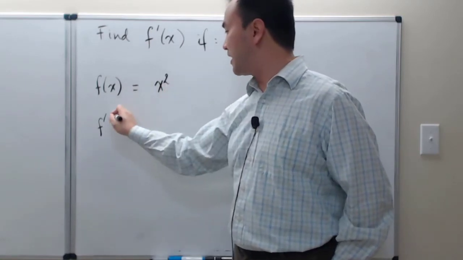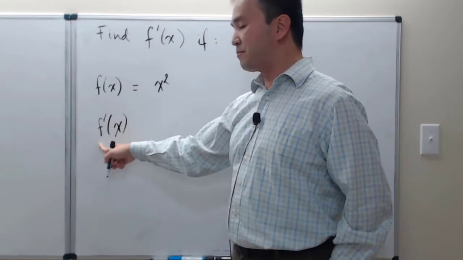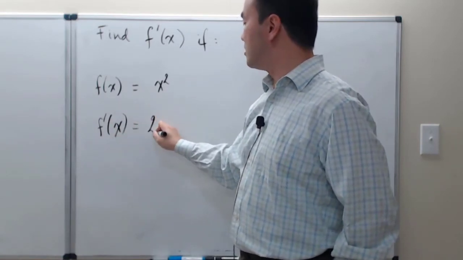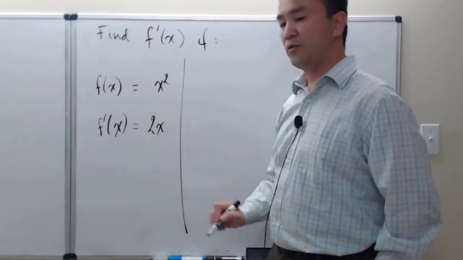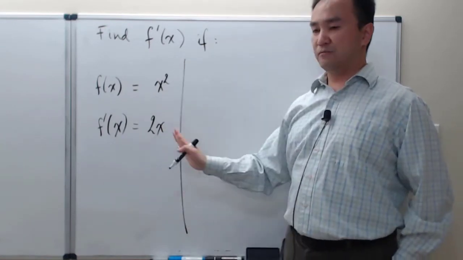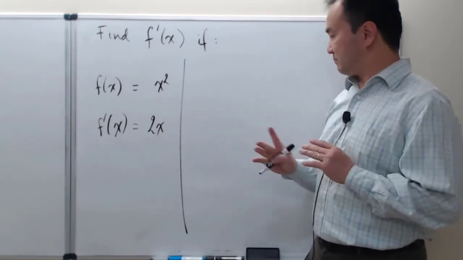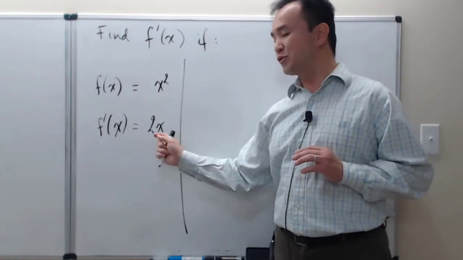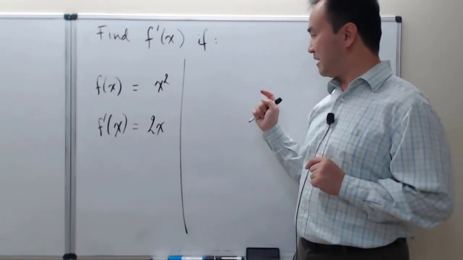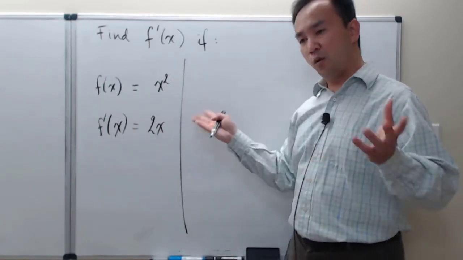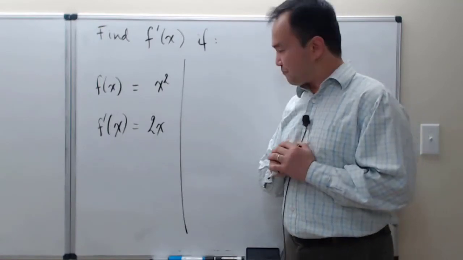So f prime of x equals 2x. Now I'm putting it here in a column. Any viewers watching along, make sure to take notes, because I am going to repeat a similar problem for quite a few other functions as well.